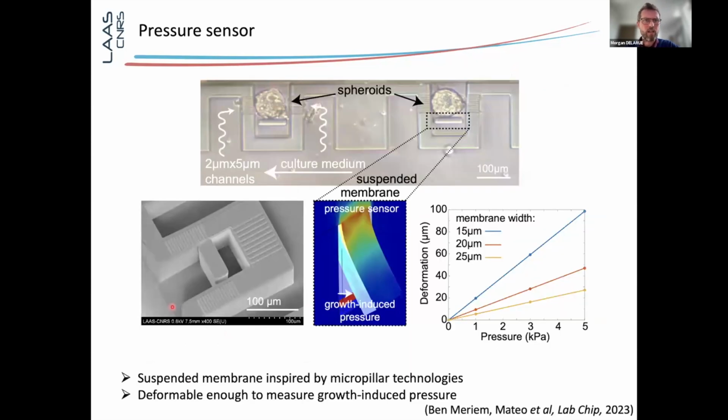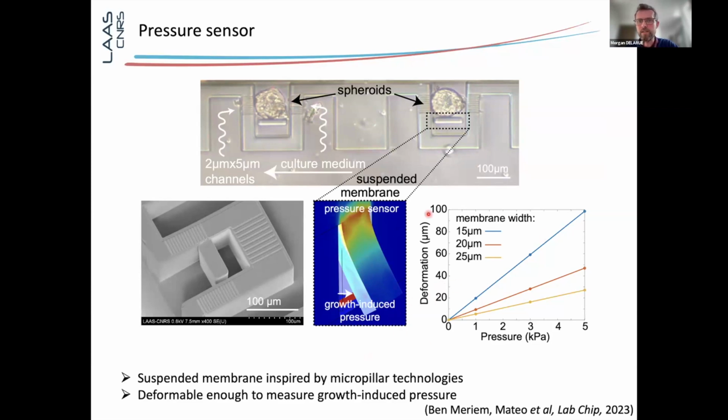First of all, we designed a pressure sensor in order to measure the force that these cells could develop. We got inspired by macropillars technology, which are high aspect ratio pillars that are highly deformable, even if the material is super rigid. So what we built is a suspended membrane that is highly deformable.